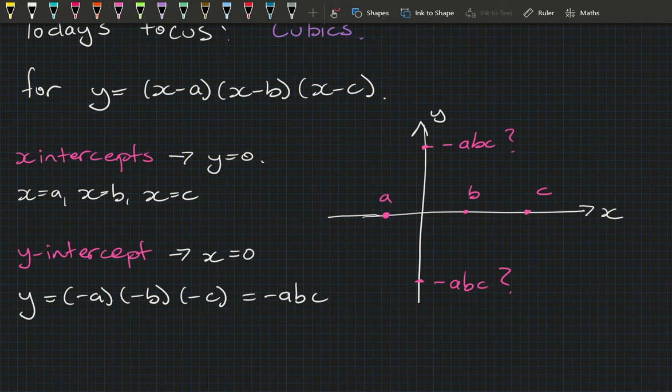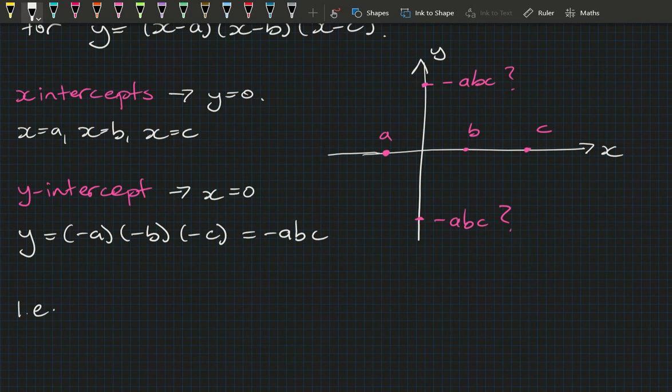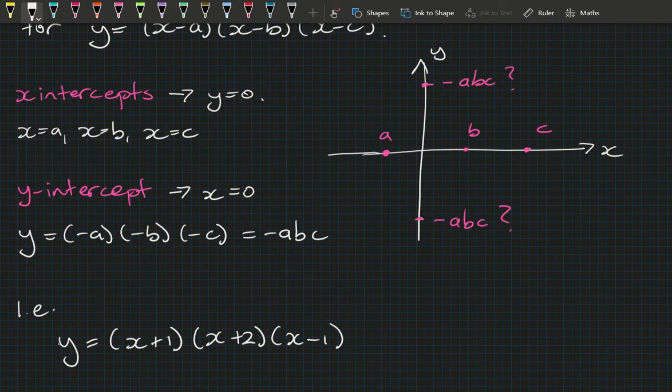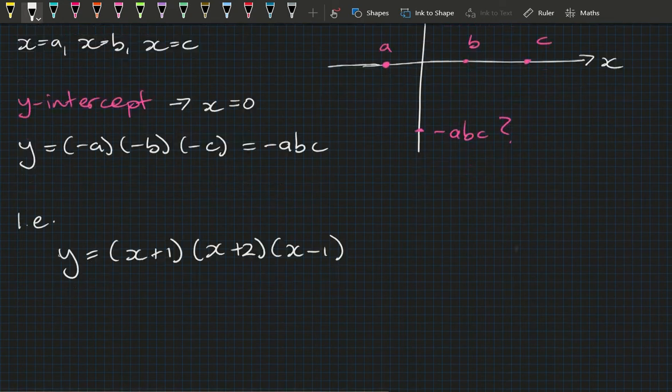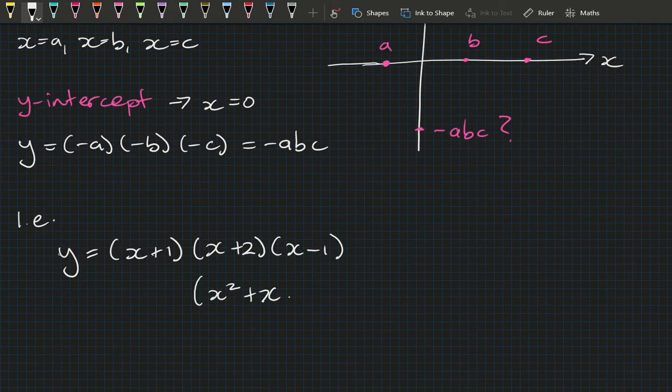So to have a little example, let's just try y is equal to x plus 1 times x plus 2 times x minus 1. So if I multiply x plus 2 times x minus 1, that becomes x squared plus x minus 2. And of course, we're still multiplying that by x plus 1.